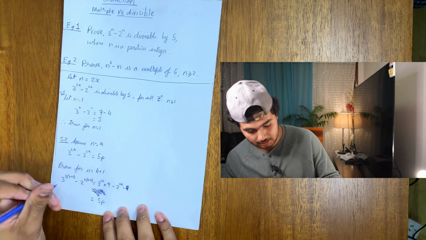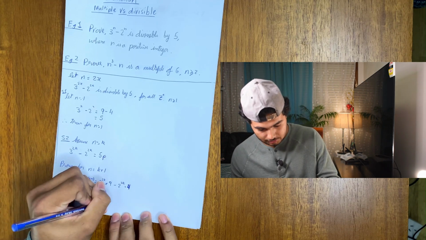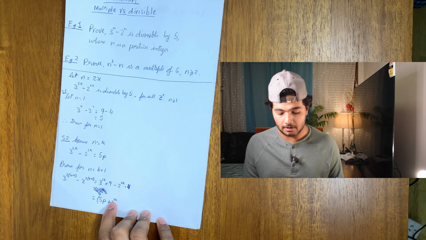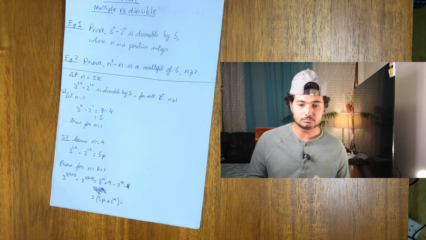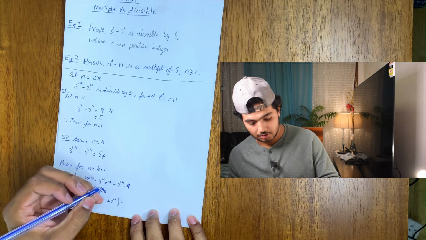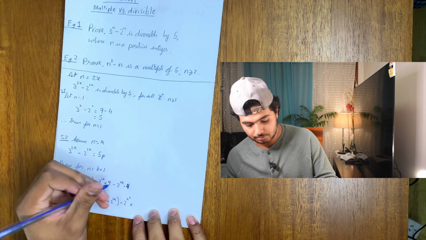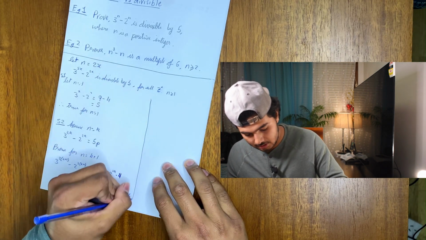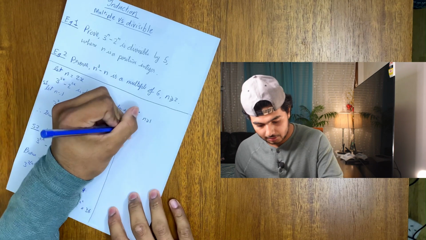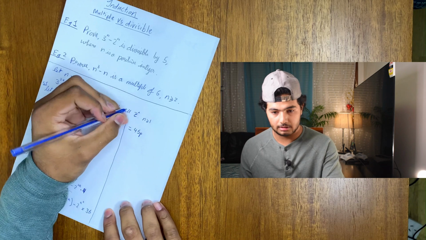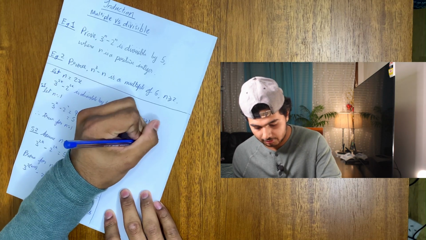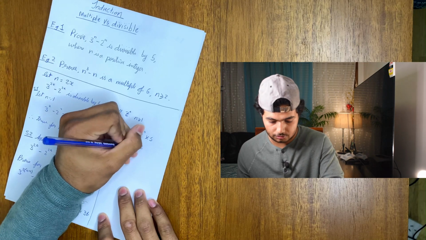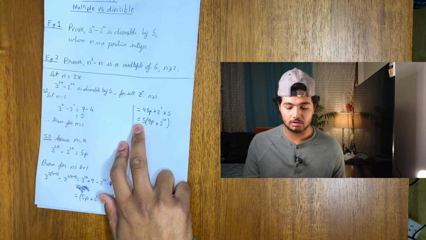So we can rewrite this as 9 brackets 5p plus 2 to the power of 2k, minus 2 to the 2k multiplied by 4, which gives 9 times 5p plus 2 to the 2k multiplied by 5. This equals 45p plus 2 to the 2k multiplied by 5, which then equals 5 brackets 9p plus 2 to the 2k. So the 5 is factored out here.